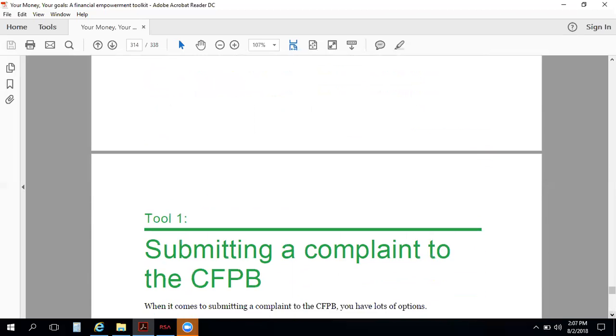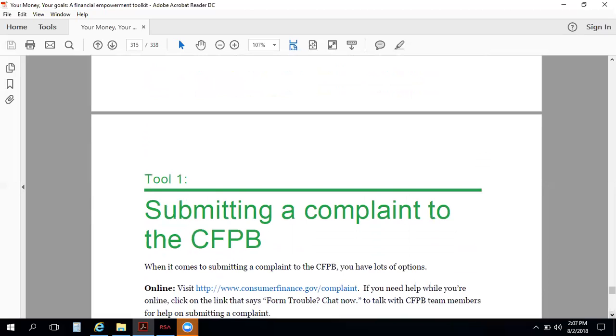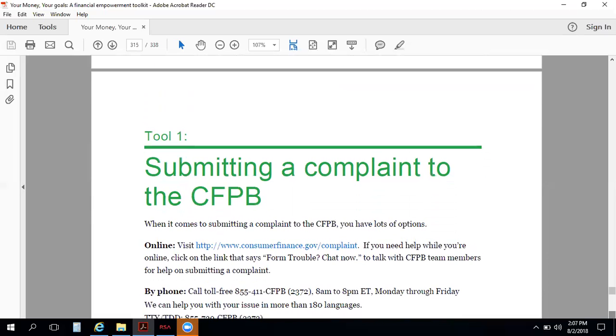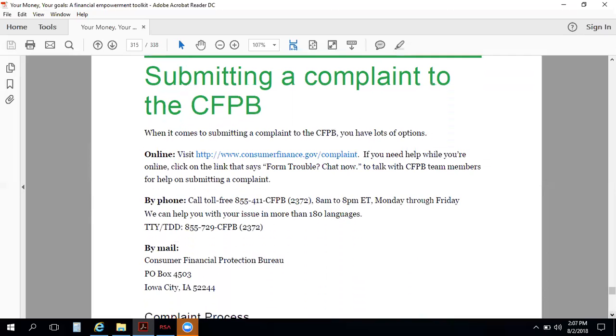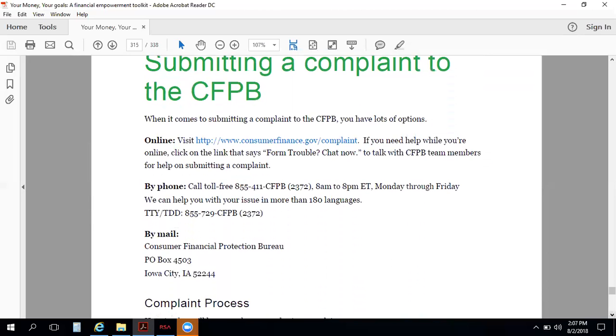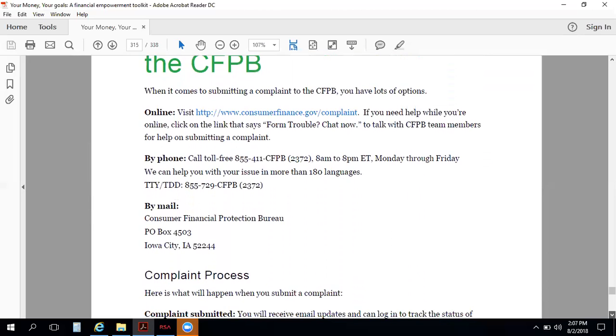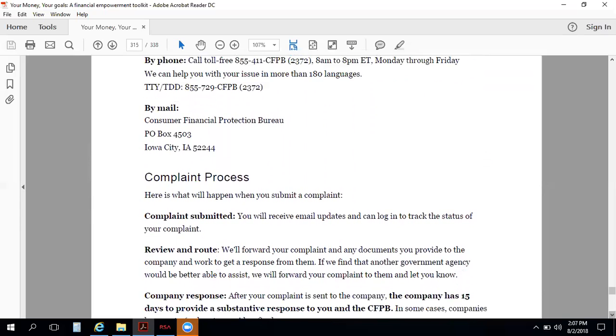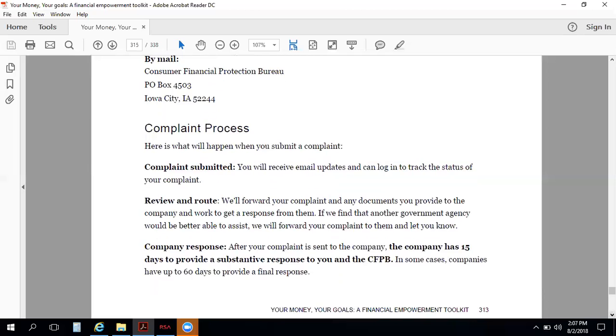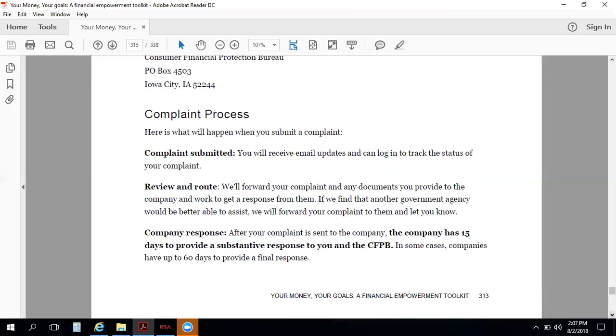It's important for clients to safeguard the information they have coming in. Tool 1 just kind of echoes what's up above about submitting a complaint to the CFPB. They can either do it online at the link provided, by phone, or by mail. And it talks a little bit about what will happen once a client files a complaint with the CFPB.